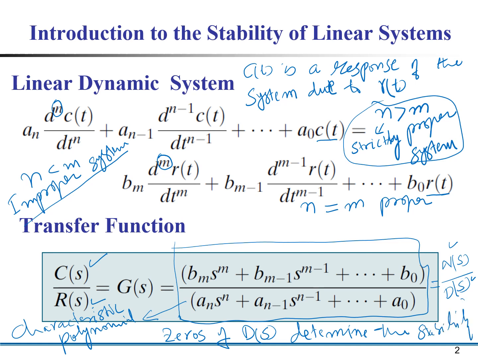This topic we will be discussing in detail. We also say these zeros of the denominator polynomial are also called poles of the system.